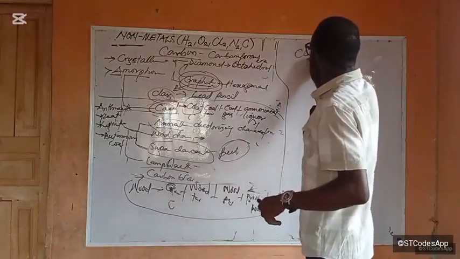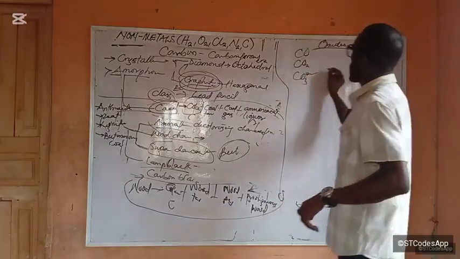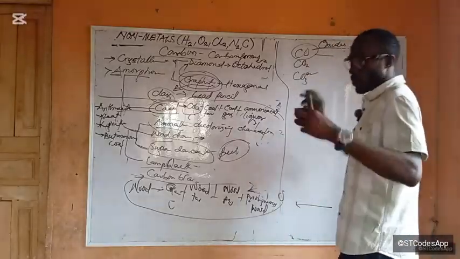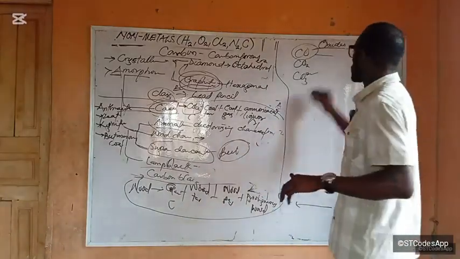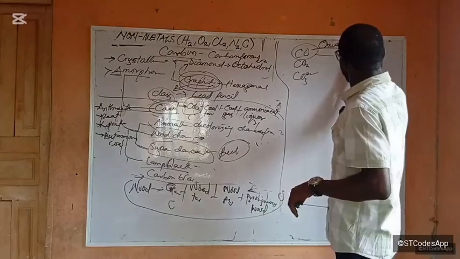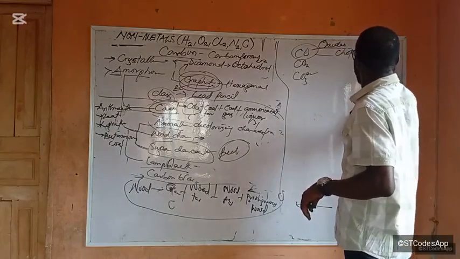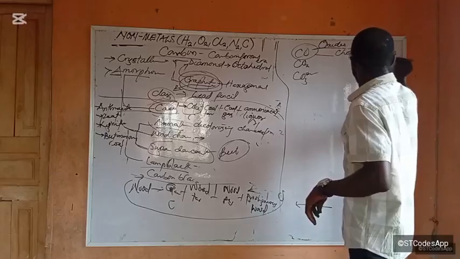Oxides. Now we have carbon monoxide, carbon dioxide, and carbonate. Now, the carbon monoxide is, number one, a neutral oxide and it has a choking smell. This one attacks hemoglobin, your hemoglobin. Why do you say it attacks hemoglobin?